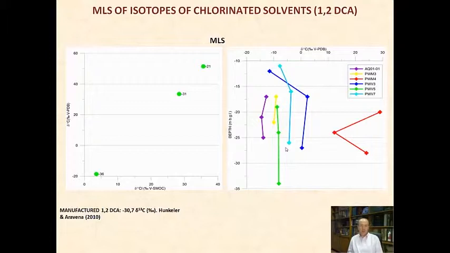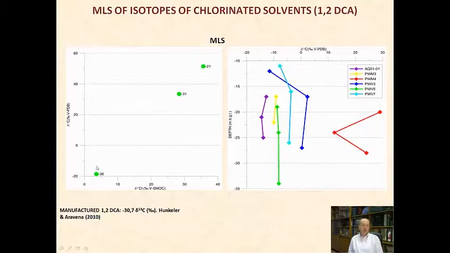One is related to the pumping activity, and the value can be more depleted, and another one is related to the stagnation zone, so a portion of the groundwater which has been isolated down gradient.